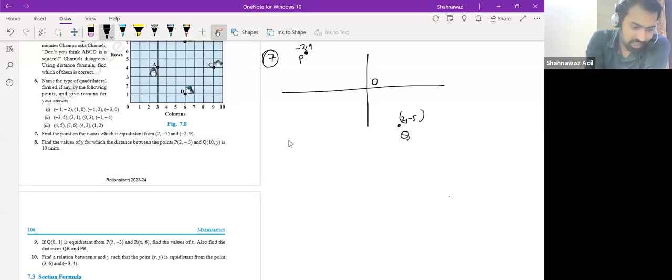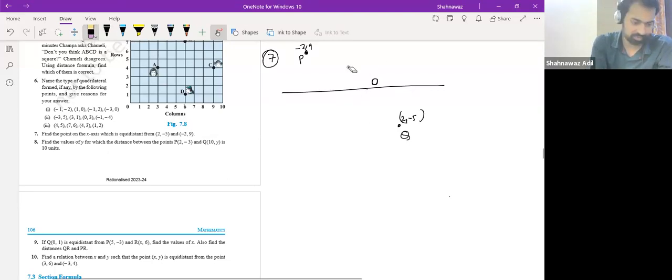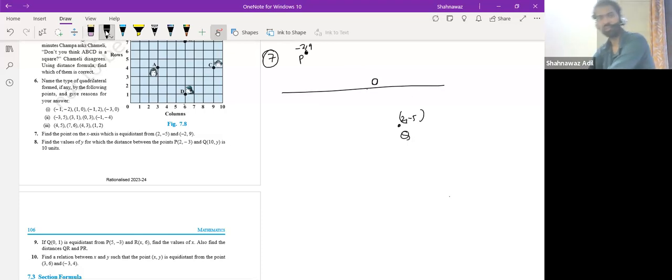Can you read the question and tell me what they are asking? For simplicity, let me erase this line also. Find the point on the x-axis which is equidistant from the two points.